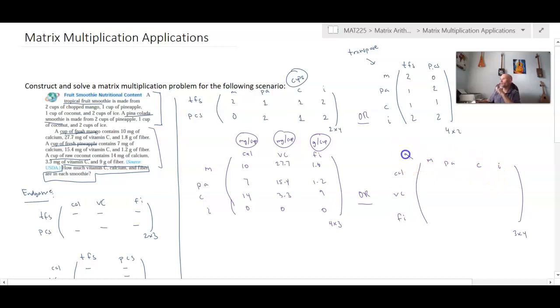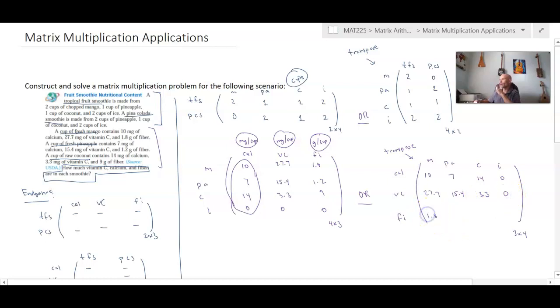Now, once again, this would be the transpose of that matrix had we written it as a 3x4 instead. And the first row would be the same as the first column here, since that's calcium. 10, 7, 14, 0. 27.7, 15.4, 3.3, and 0.